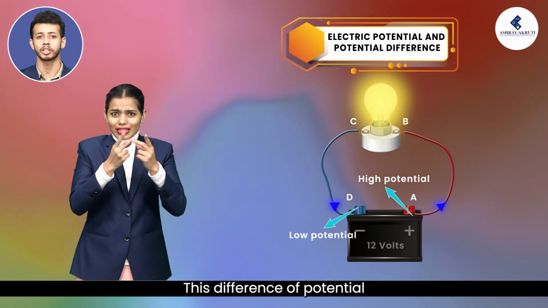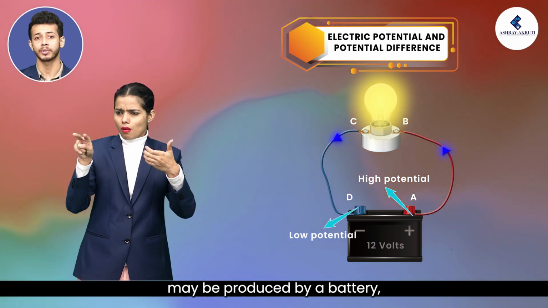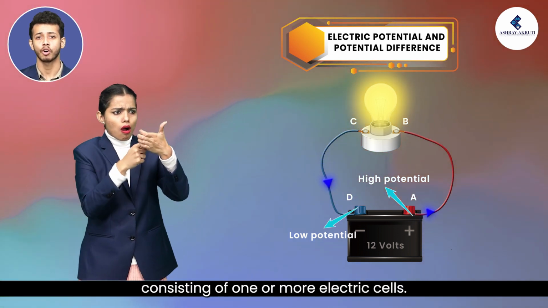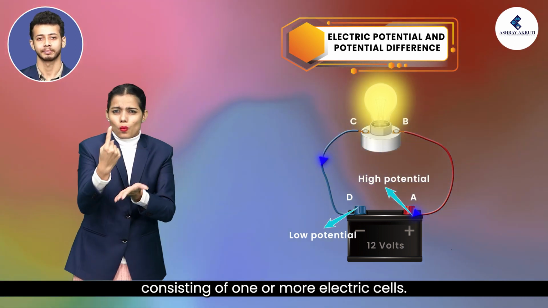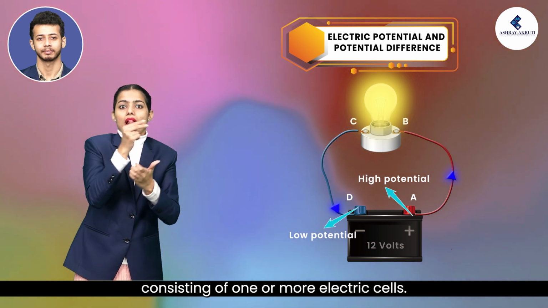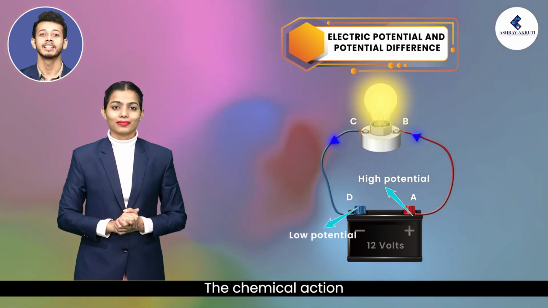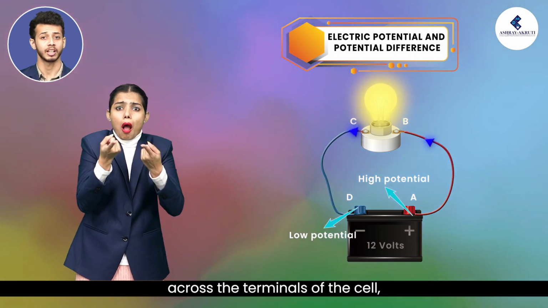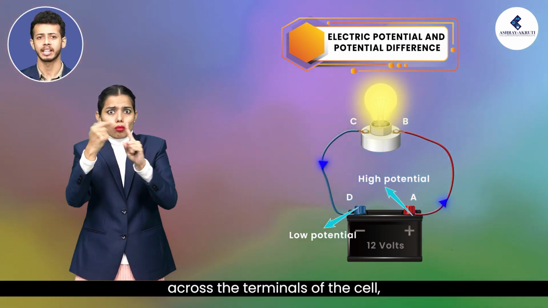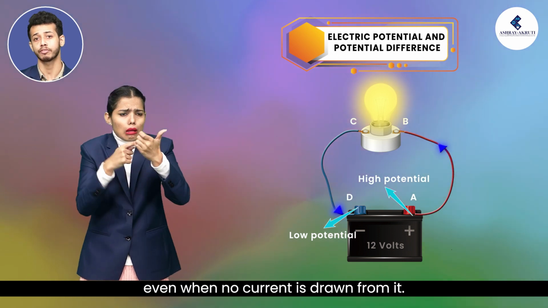This difference of potential may be produced by a battery consisting of one or more electric cells. The chemical action within a cell generates the potential difference across the terminals of the cell, even when no current is drawn from it.